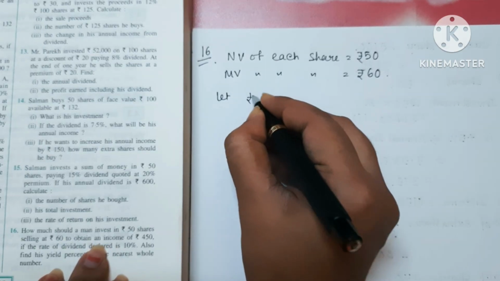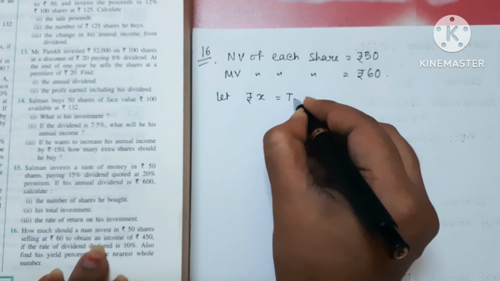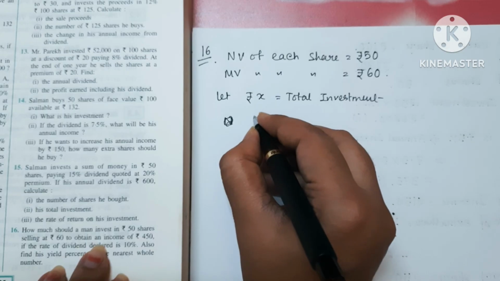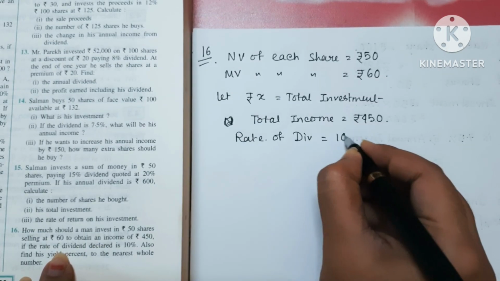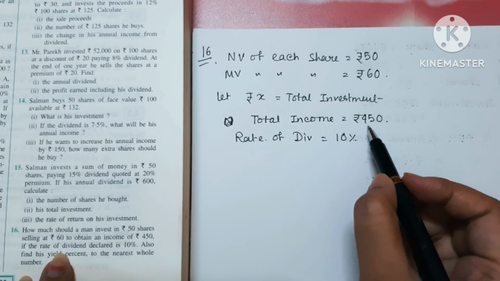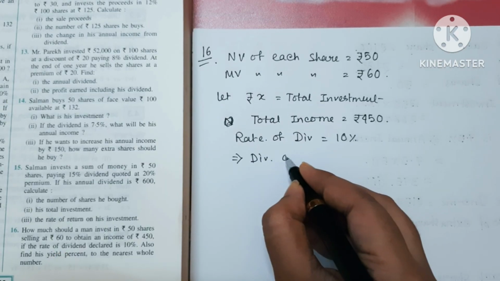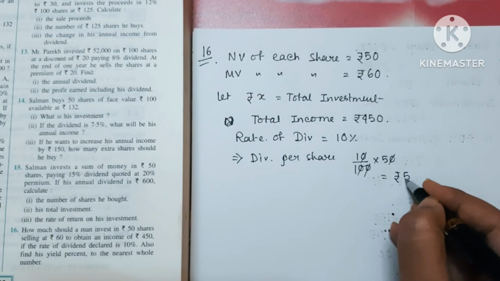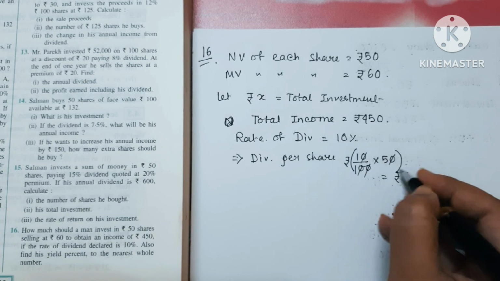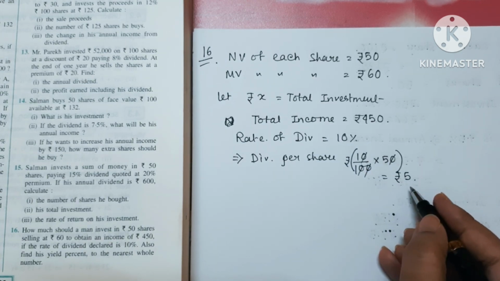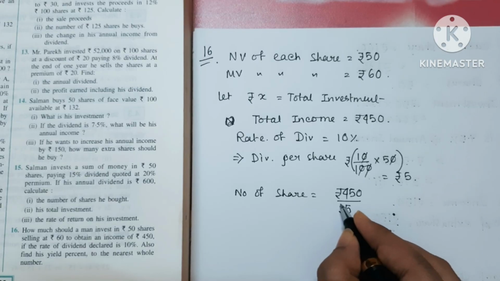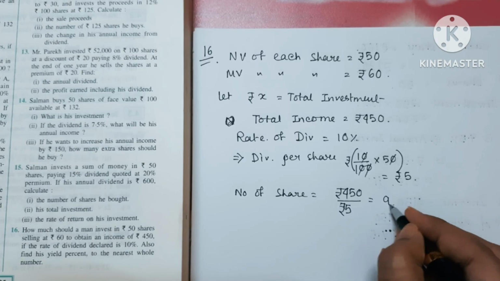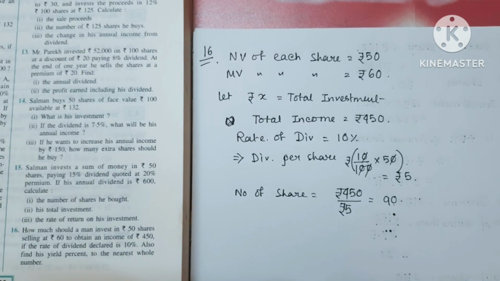Let rupees X be the total investment. Now income, total income, see, rate of dividend is given, rate of dividend 10%. Now see, this is total income, dividend per share, that is rupees 5. Okay. Dividend per share, so number of shares 450 by rupees 5, so 90 will be the answer. 90 will be the number of shares.